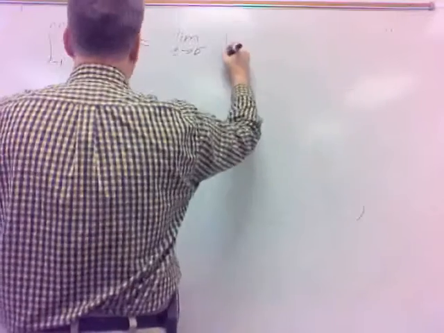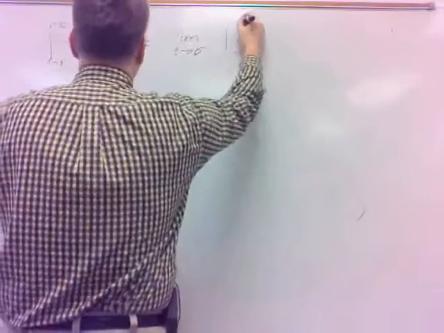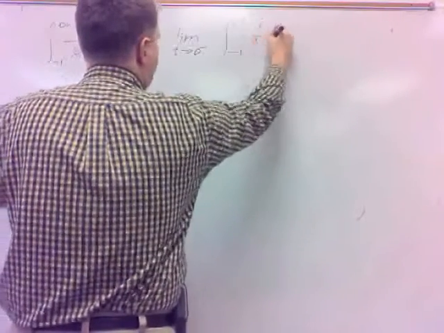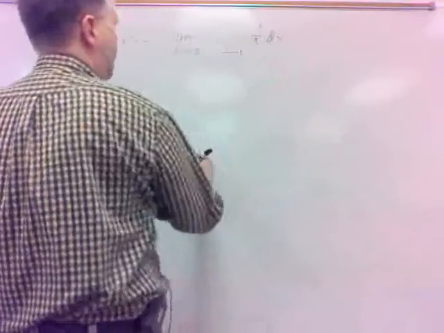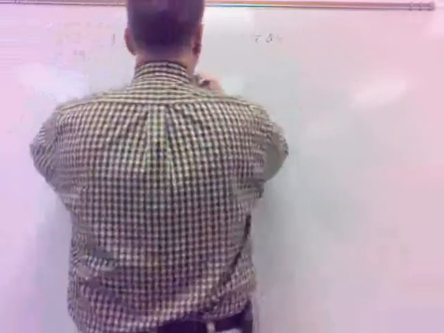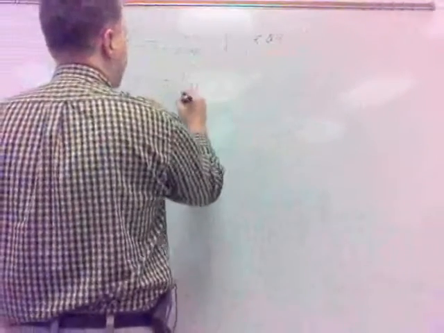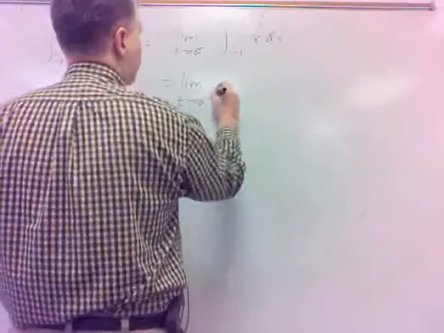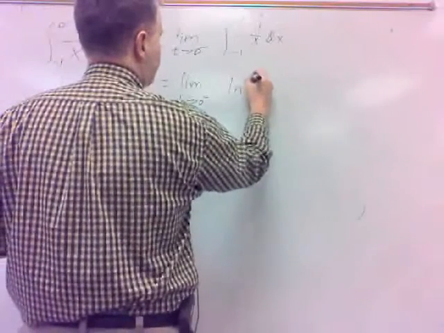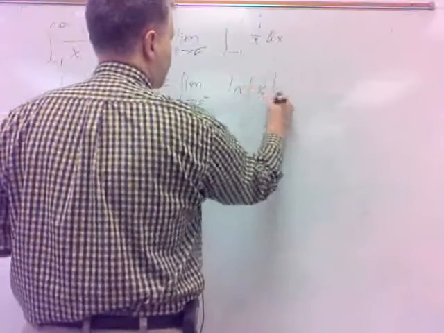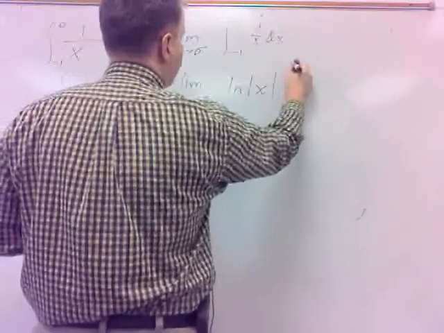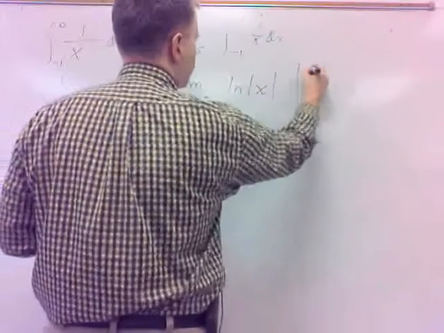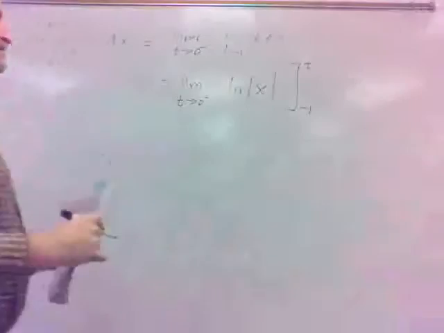And that's going to be the integral from negative 1 to t of 1 over x dx, which we just did. 1 over x, that's natural log, so it'll be the limit as t goes to 0 from the left of natural log of absolute value of x, which is going to play a role here, which I guess is why I did the negative side, so the absolute value does come into play.